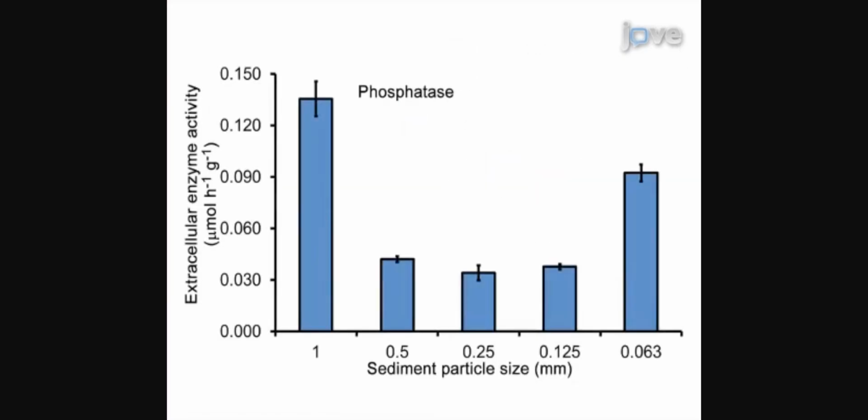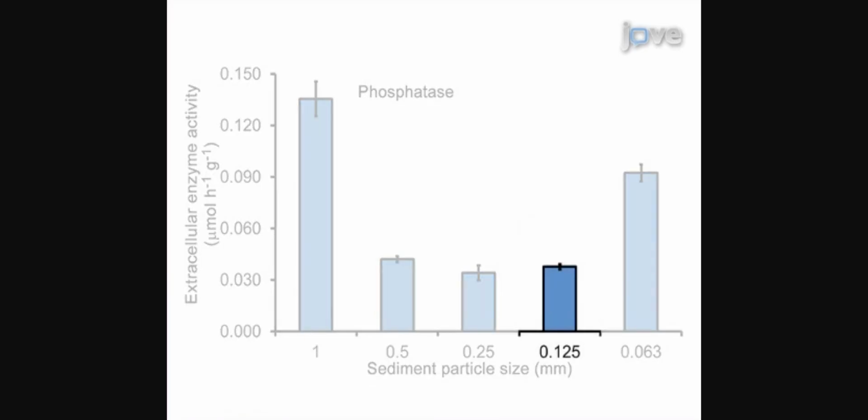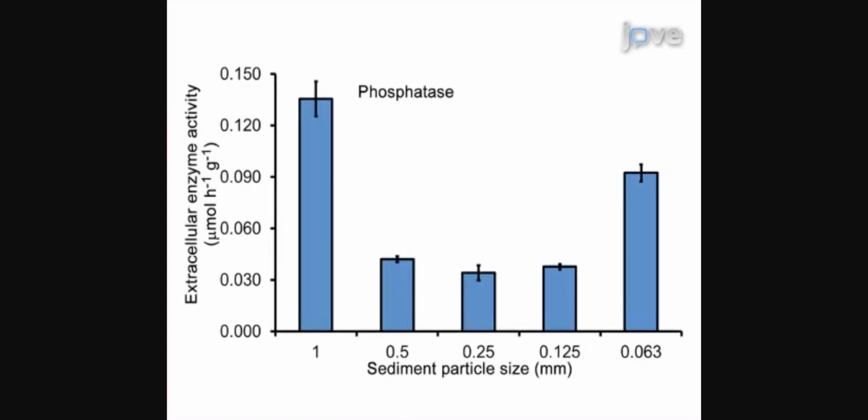Analysis of patterns in extracellular enzyme activity supports this conclusion, with phosphatase being similar on 0.125, 0.25, and 0.5 mm particles, but much higher on the 1 and 0.063 mm fractions when measured using the PNP-linked substrate technique.